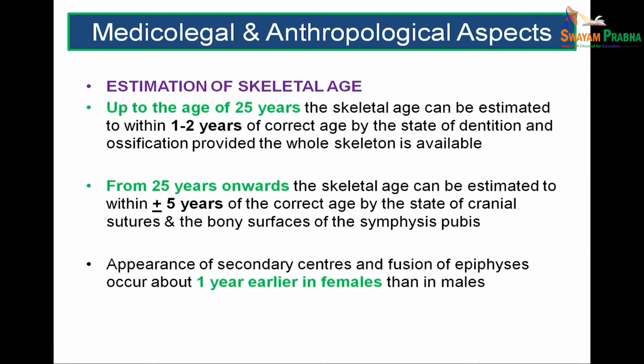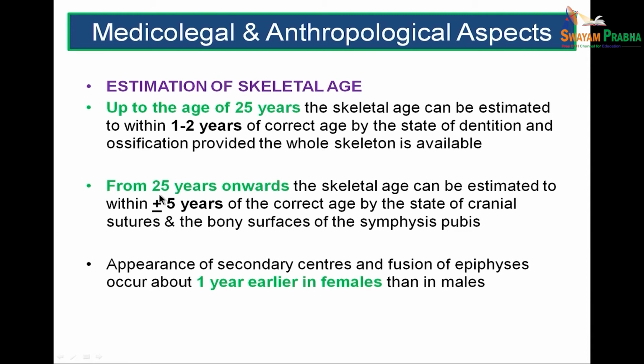Estimation of skeletal age. Up to the age of 25 years, skeletal age can be estimated within 1 to 2 years of the actual correct age by looking at the dentition and ossification. But this is if the entire skeleton is available.